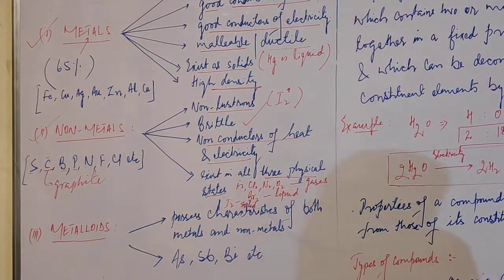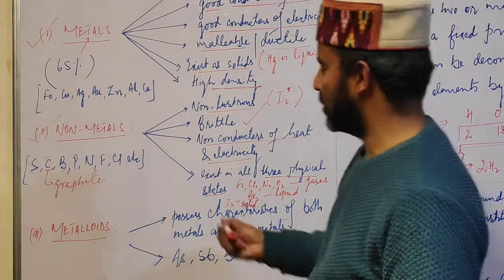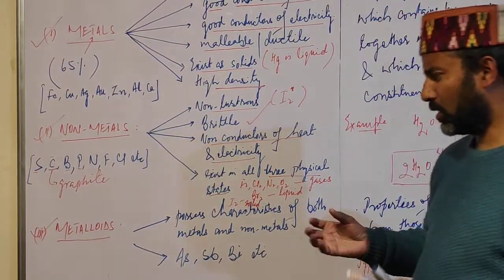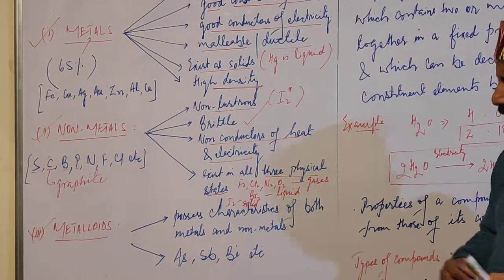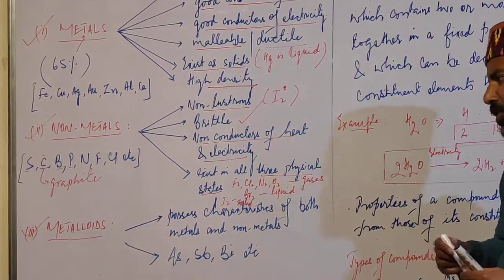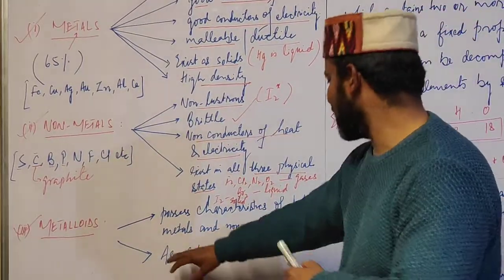Now students, we have third type of elements which are called metalloids. And students, this you have learnt in earlier classes also, that metalloids are those elements which possess characteristics of both metals and non-metals.